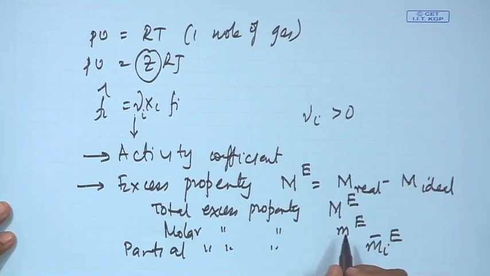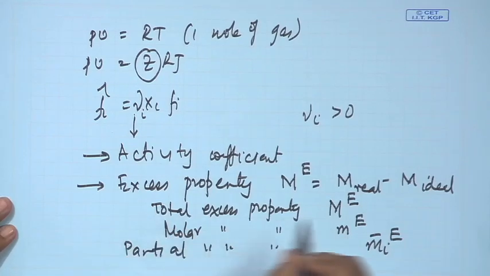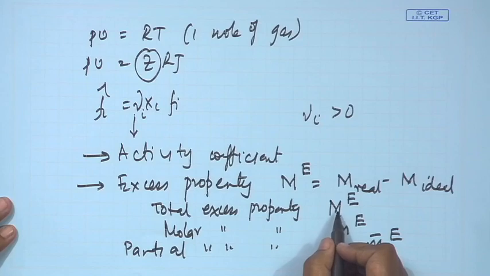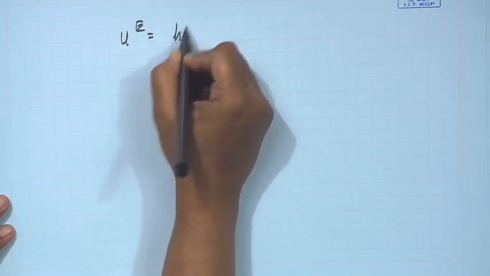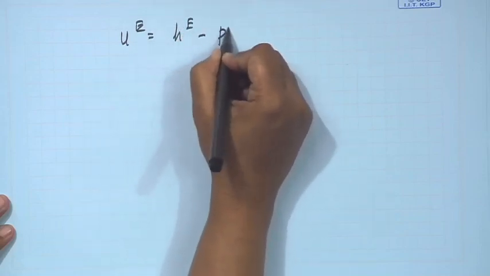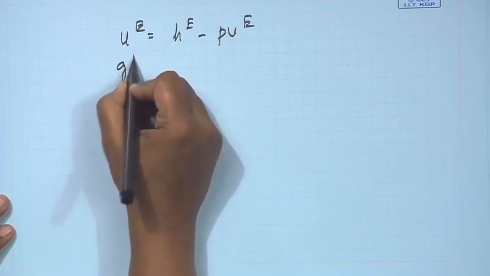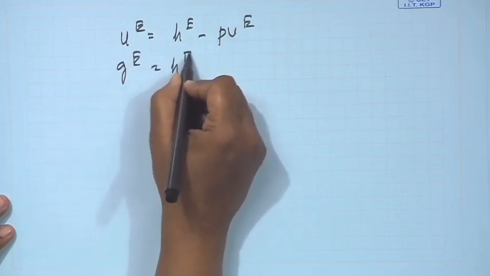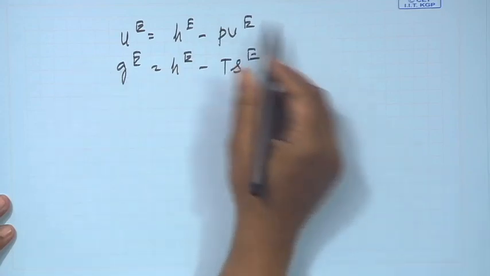And we will also find that just the way of total properties and molar properties, in this case also they obey all the equations which are applicable for molar properties and total properties. For example, in this particular case also we will have U excess equals H excess minus P V excess. We will have G excess equals H excess minus T S excess, and so on and so forth.